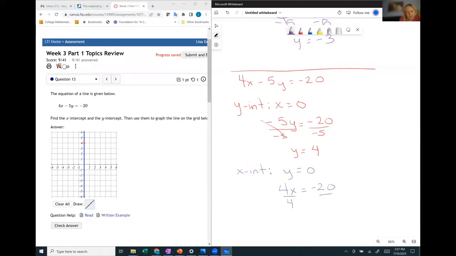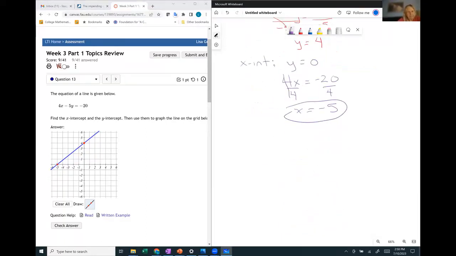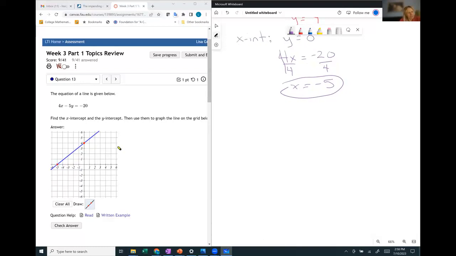Divide by 4, divided by 4, and I get x equals -5. And so I plot the other side of that, and that's my graph. It's pretty easy, right? Yes. Good.